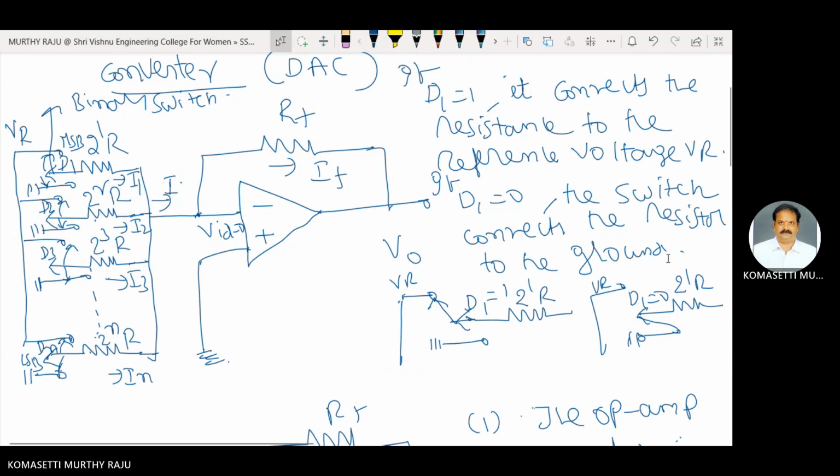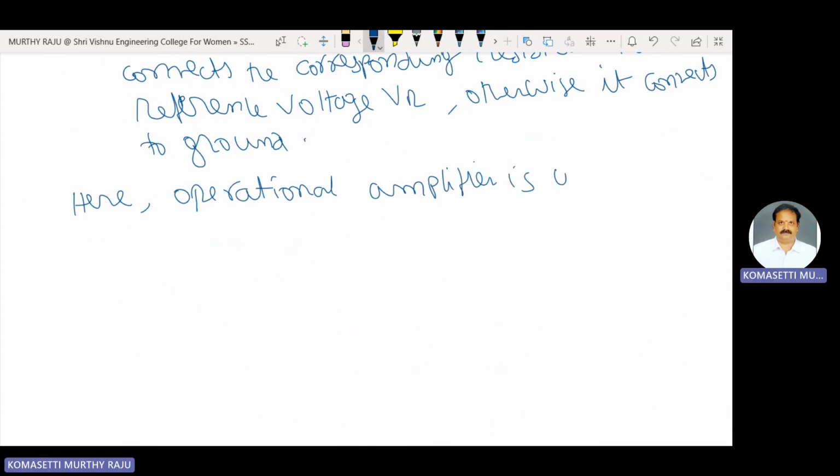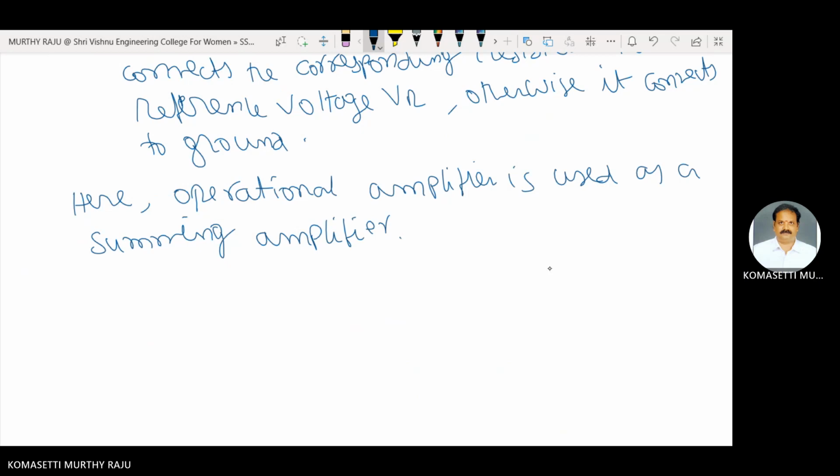Here the operational amplifier is used as a summing amplifier. Therefore, total current I is equal to I1 plus I2 plus I3 and so on and so forth IN.